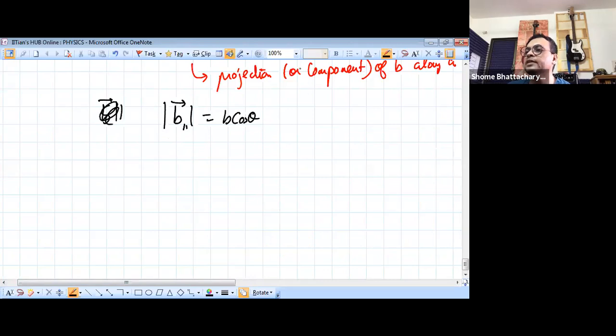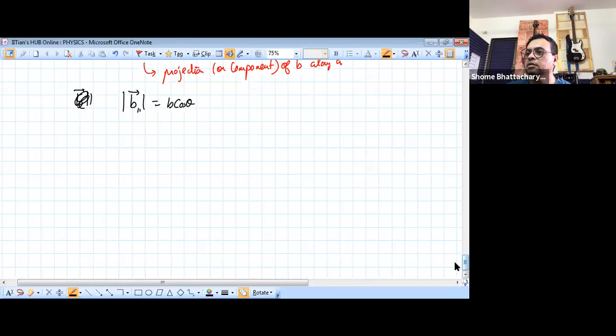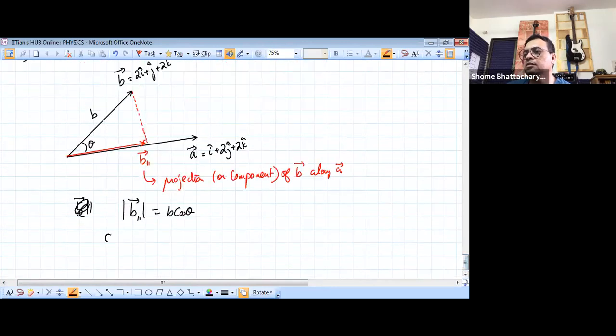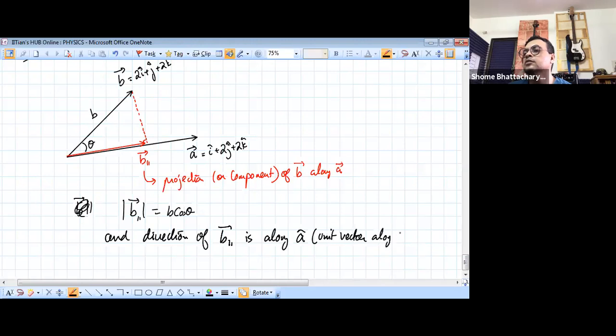Okay, that you can see in the above diagram. The magnitude of that vector is B cos theta. And what about the direction? And direction of B parallel is along A cap, that is the unit vector along the vector A. So therefore, as a vector मैं इसको कैसे निकालूंगा?